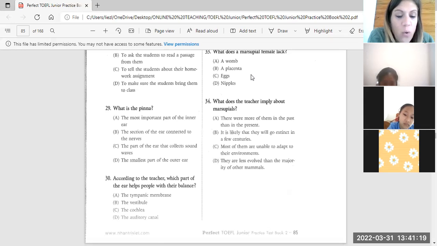Widespread means all over. I think it's there were more of them in the past than in the present. Yes, good. There were more of them in the past because they found their fossils.